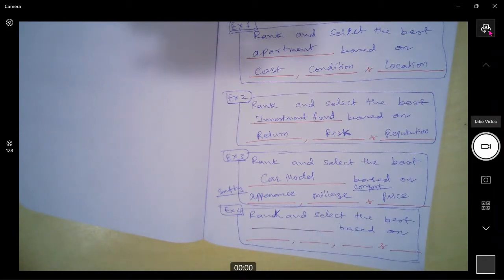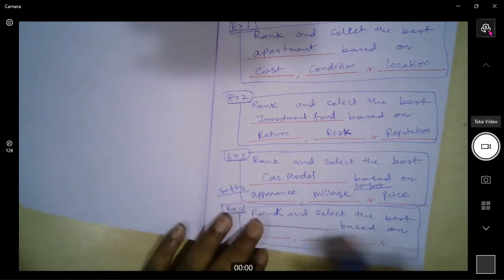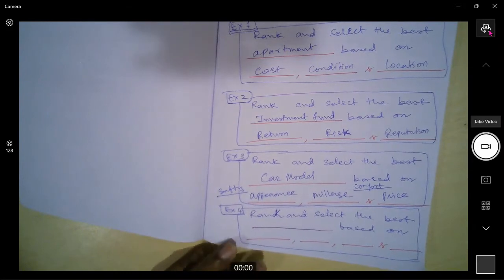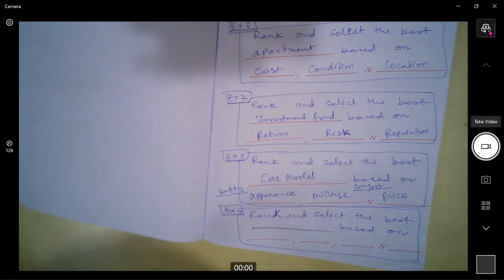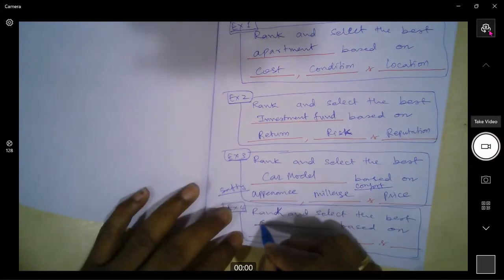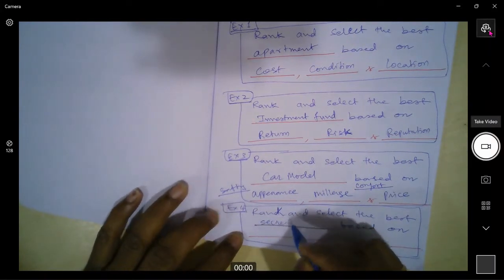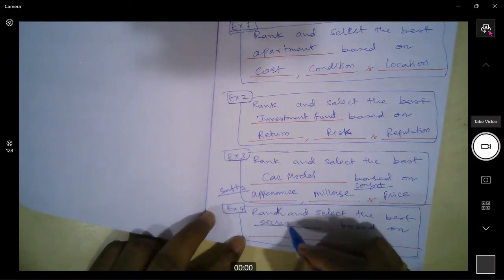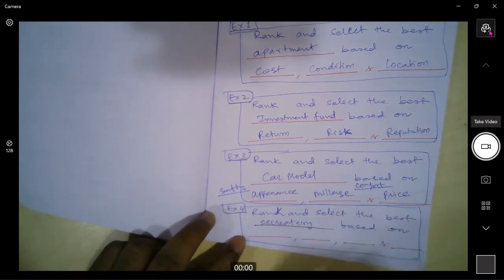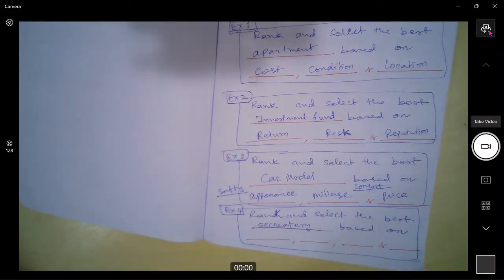Rank and select the best, based on whatever. Again, you can think of one example. Since it's the last one on this page, I'll go with one fun example. Let's say you are interviewing for an office secretary. You have multiple applicants, maybe 10 secretaries have applied, and you have to do the interview.